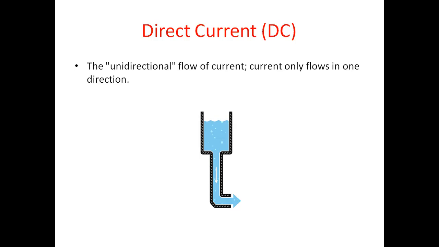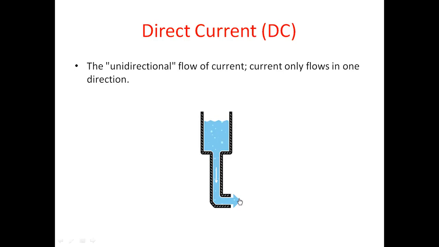Similar to alternating current, we will see direct current with the water analogy. Direct current is similar to a tank of water with a hose at the end of the tank. The tank can only push water in one way. Here an arrow is given. From the arrow we can see water only comes from the upside to the downside. This is unidirectional.